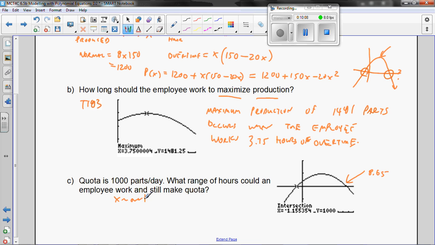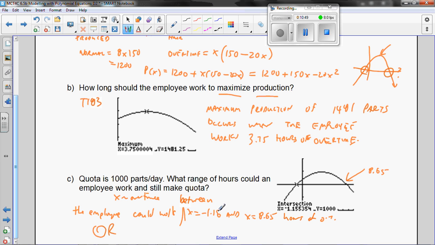Overtime hours. So even though this is kind of weird, overtime hours of negative means less than a full work day. So the employees could work X equals negative, anywhere between 0.6 and X equals 8.65 hours of overtime.